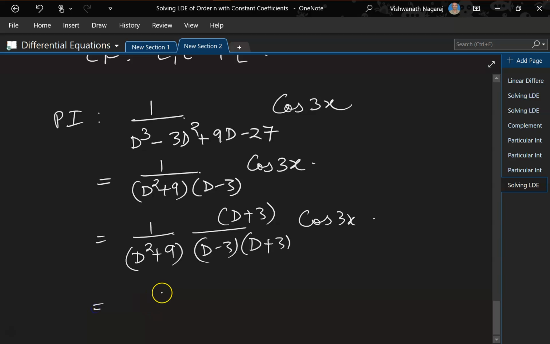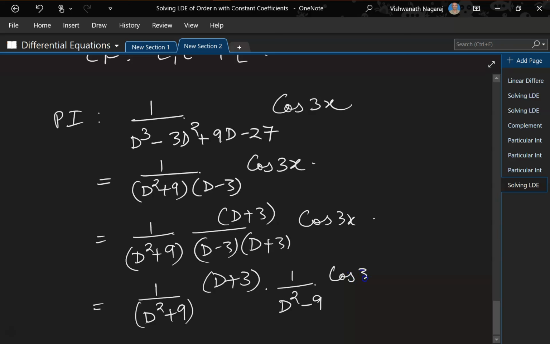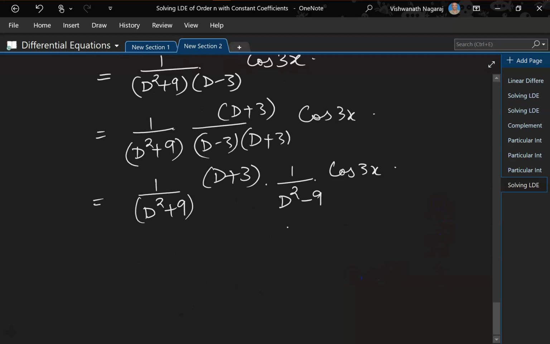Yes, so this becomes 1 by d square plus 9, in the numerator d plus 3, and here we have d square minus 9 cos 3x. Yes, this is what we wanted.